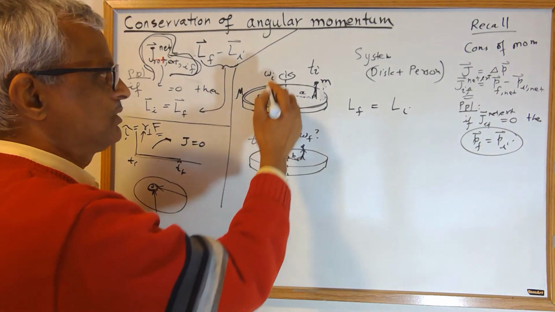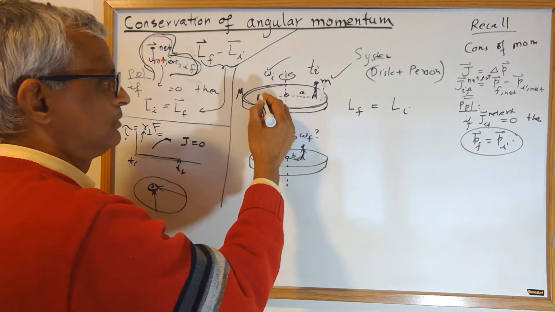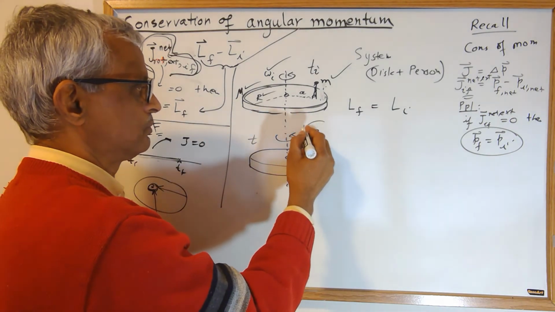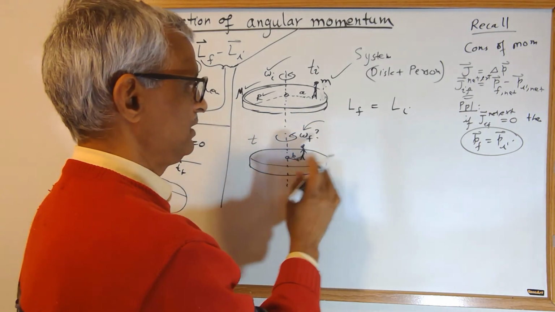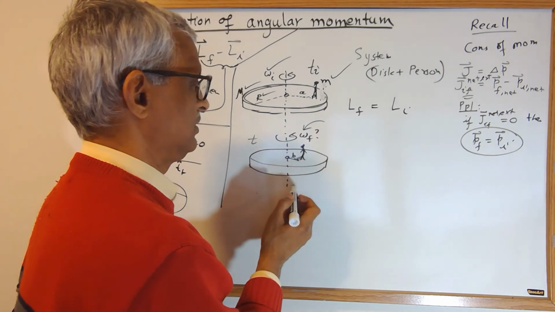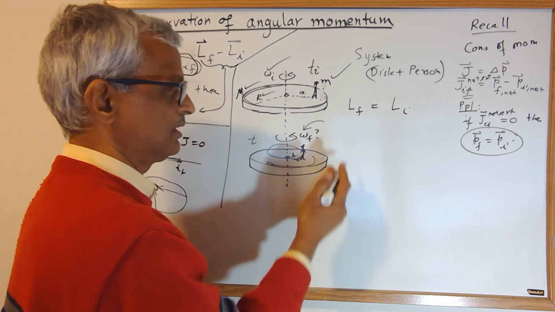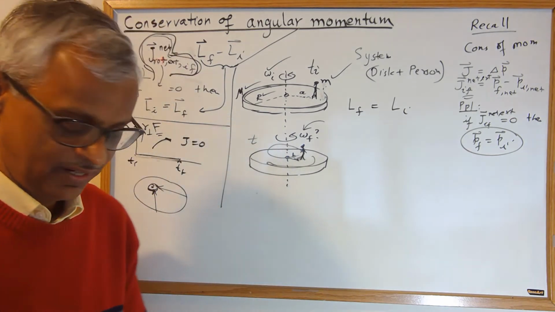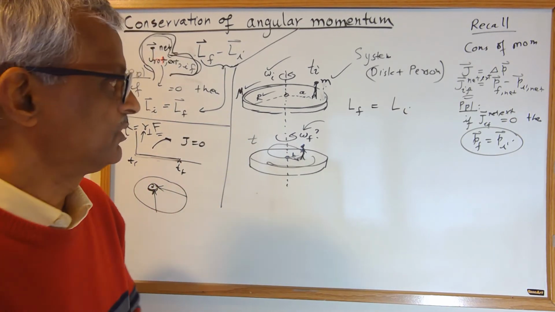So in this situation, we know how fast it was rotating. We are given the mass and the radius of the disc and the mass of the person, and we'll have to figure out the final angular speed. At any instant, you can see the person and the disk are rotating with the same omega f about this axis. All right, so let's work this out.